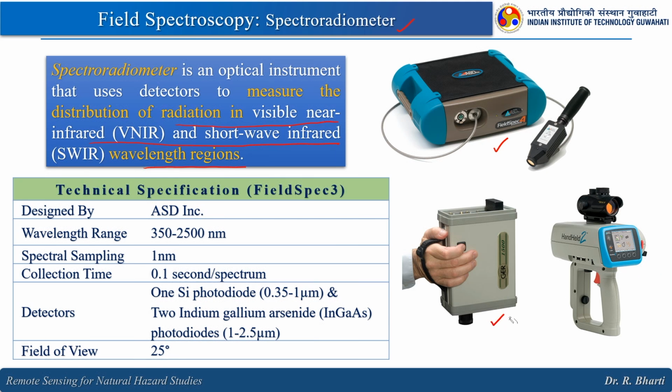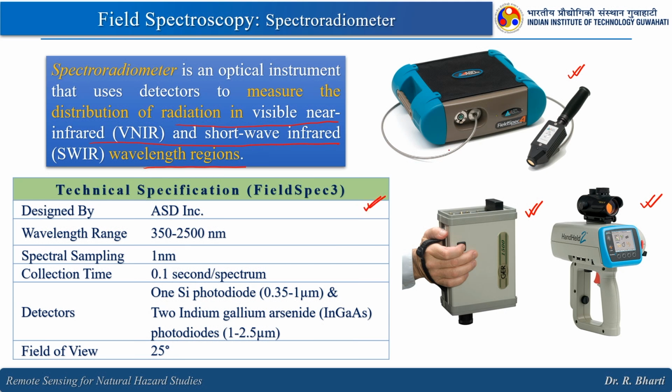Please remember, I am not advertising for any company, this is just for the example. I have put the photographs of these most popular spectroradiometers available in the market, but there are many such instruments available. So, for example, how will you identify whether this instrument is capable of generating the data for your objective? That you need to check the data sheet, right.